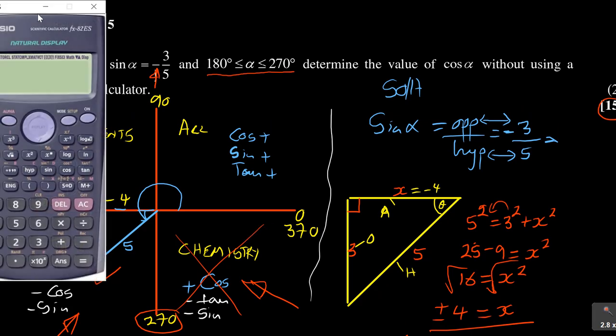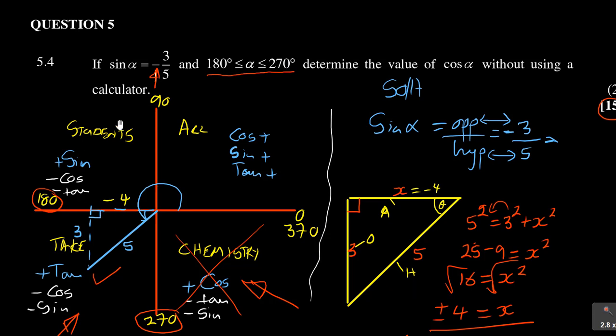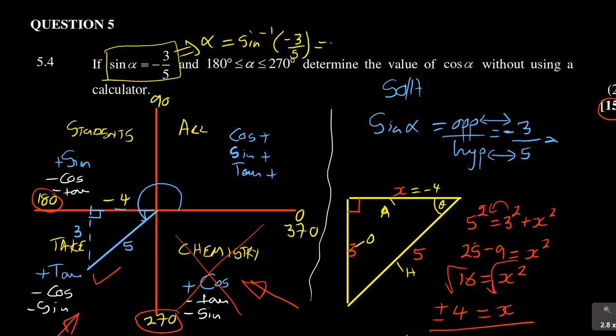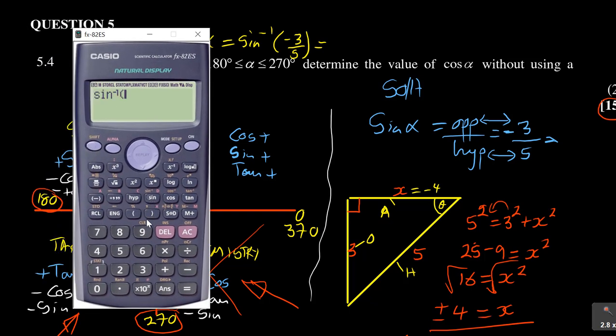What you do, just to test your answer, is remember sin alpha is that. So if you want to find an angle here, given this, you can find the angle and say alpha is equal to arc sine of minus 3/5. We want that particular angle, so shift arc sine of minus 3/5.